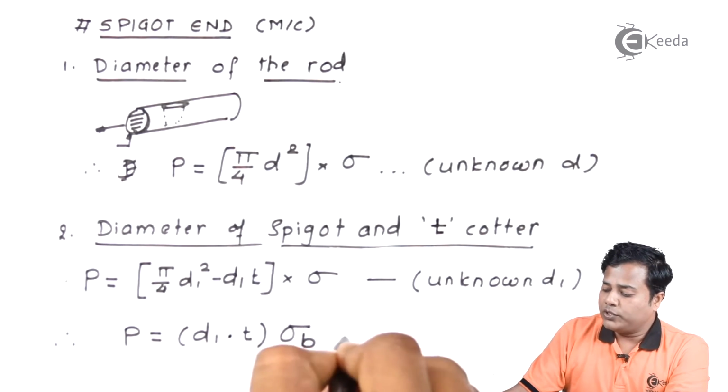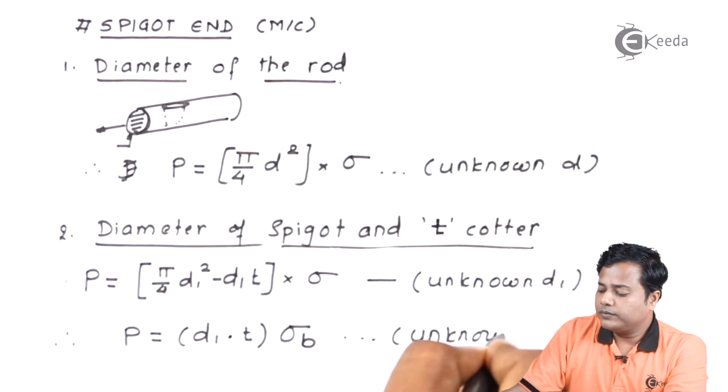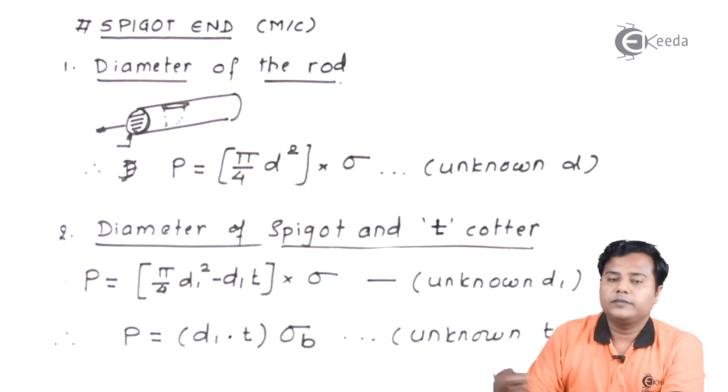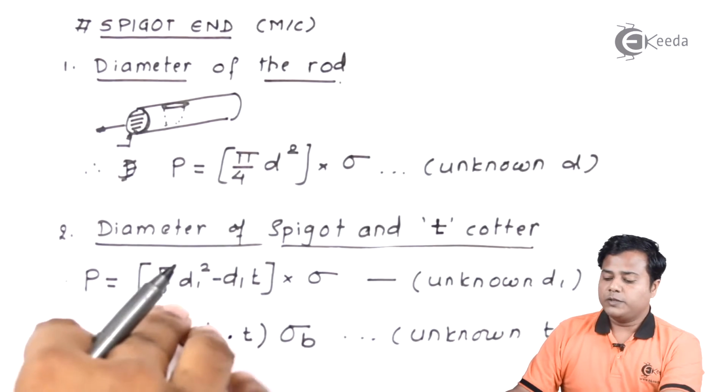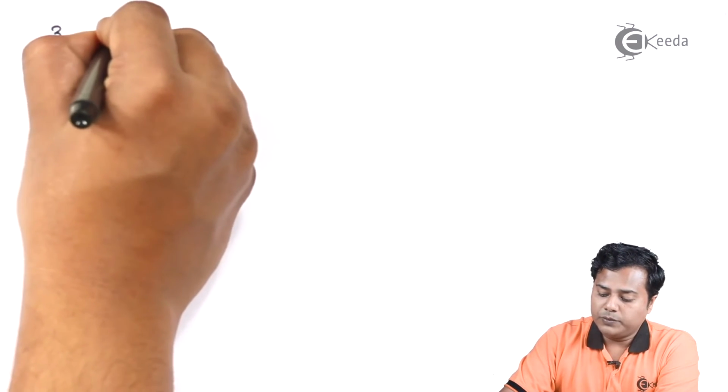So here the unknown is going to be T, thickness. Let's move ahead with the next formula. Third formula of spigot, that's the length of rod.